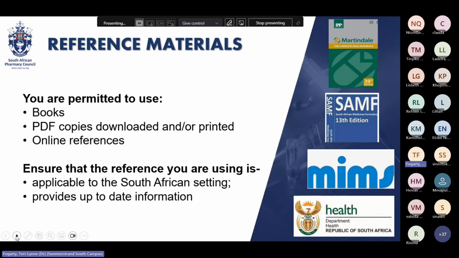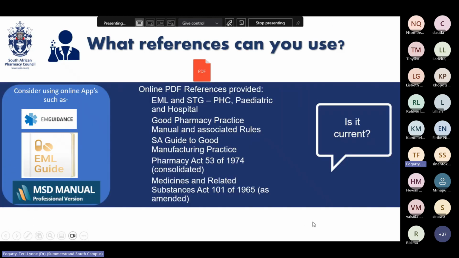Some references that we suggest that you use: there are PDF versions of the standard treatment guidelines and essential medicines lists, and that applies to primary healthcare, pediatric and hospital level. The Good Pharmacy Practice Manual and associated rules that you will find on the Pharmacy Council website under their publications tab.